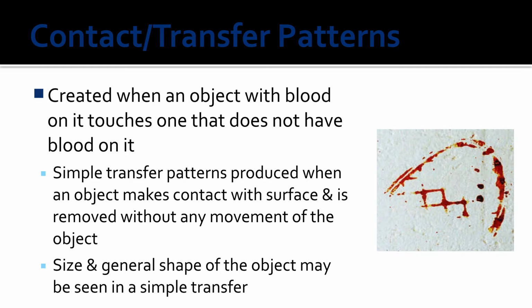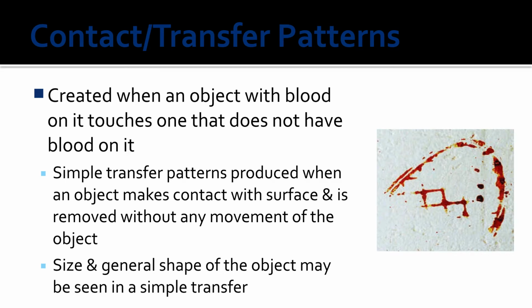One of these is called a contact or transfer pattern, and these are created when an object with blood on it touches one that doesn't have blood on it. Simple transfer patterns are produced when an object makes contact with the surface and is removed without any movement of that object, such as a bloody fingerprint, footprint, palm print, or shoe print.